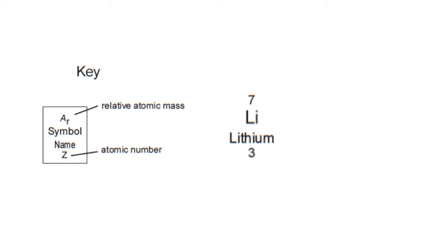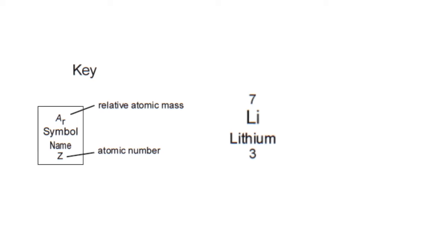The symbol won't necessarily always be one capital letter, it could be a capital letter and a lowercase letter, but that's the symbol, Li, and that means the name of the element is lithium. The atomic number at the bottom is 3, and the top number is 7.